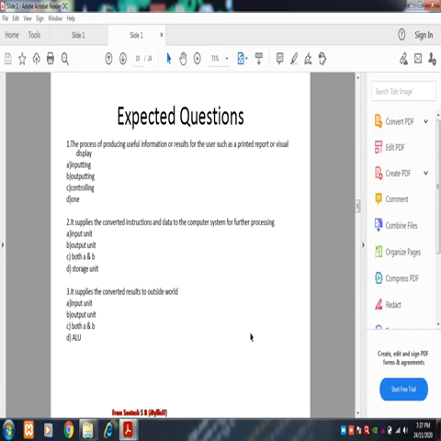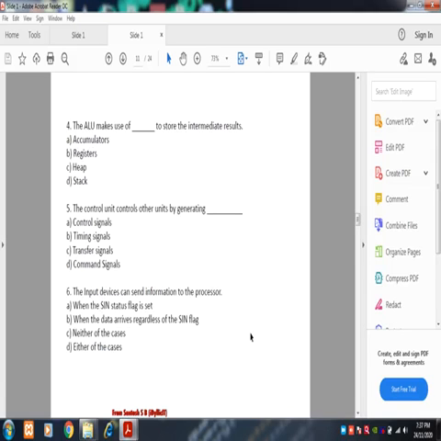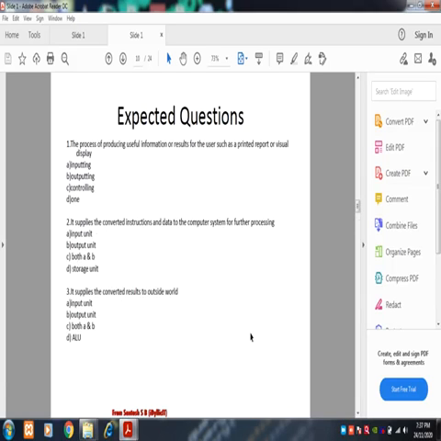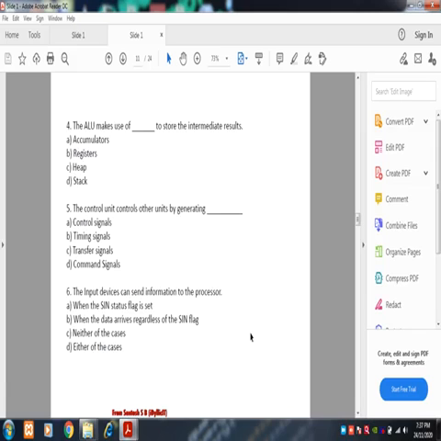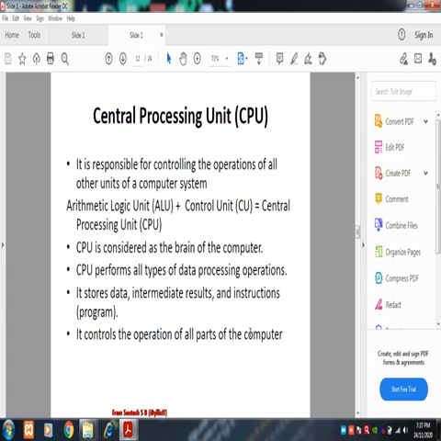So here are some expected questions. Many people are going for IBPS, MCA and MSc entrance. Based on the discussed topics, I am giving some MCQs, recent MCQs, and some objective type questions. You can solve these, and in the next class we will go into in-depth discussion of the central processing unit.